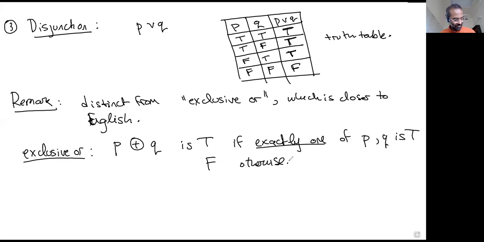Okay. So now we get to something which is actually a little bit more interesting, which is a conditional. So what's the definition?